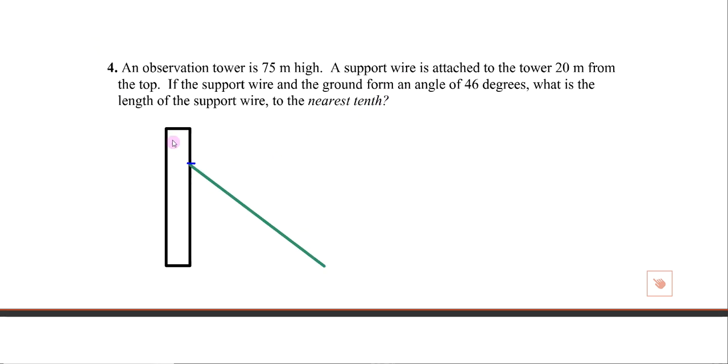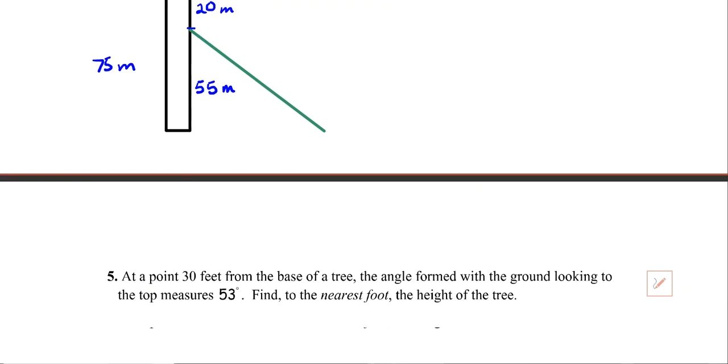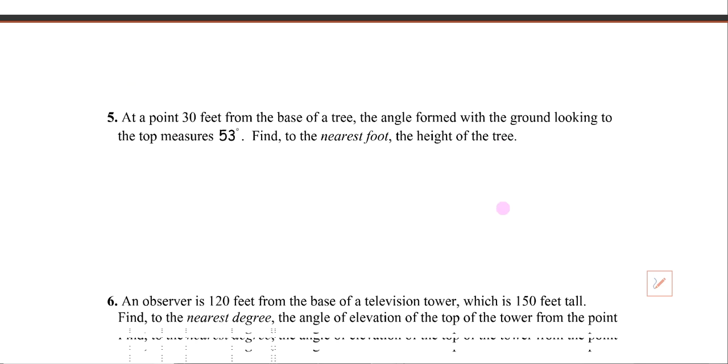So if that's 20 meters and the whole tower is 75 meters, then the height of the triangle is actually only 55 meters. So in the whole, people were pretty good. I think only one person got caught out by that one. I had that initially, and then I realized it didn't work, so I changed it.